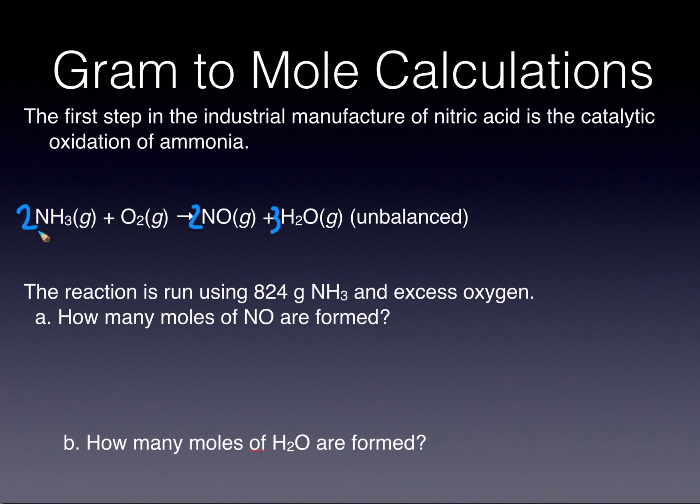So we have 2 nitrogen on this side, 2 nitrogens on this side, so we're good with those. 6 hydrogens on this side, 6 hydrogens on this side, so we're good. But now we only have 5 oxygens on the right side and 2 on the left.